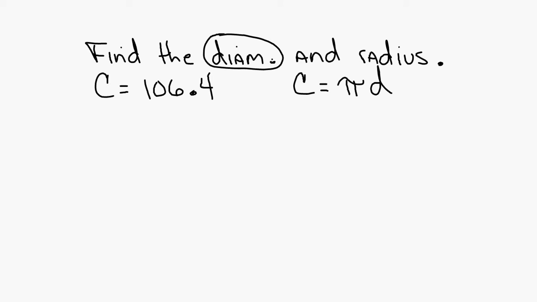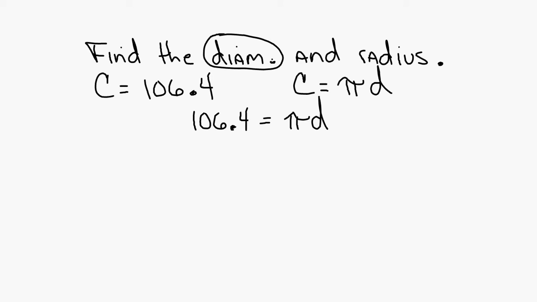Agreed? If two things are equal to the same thing, meaning the 106.4 equals C, and pi times diameter equals C, in that case, if two things are equal to the same thing, then they're equal to each other. What that means is that this 106.4 is equal to pi times the diameter. All right?